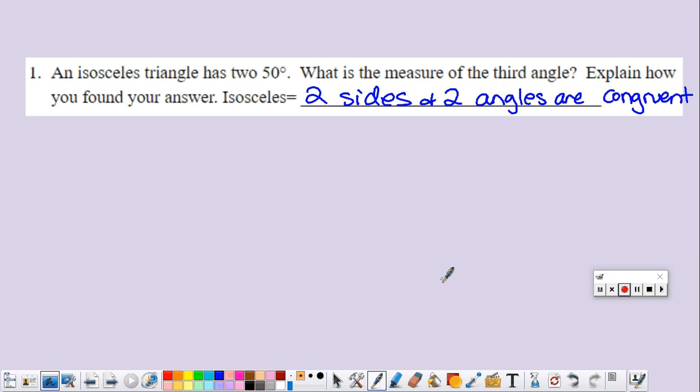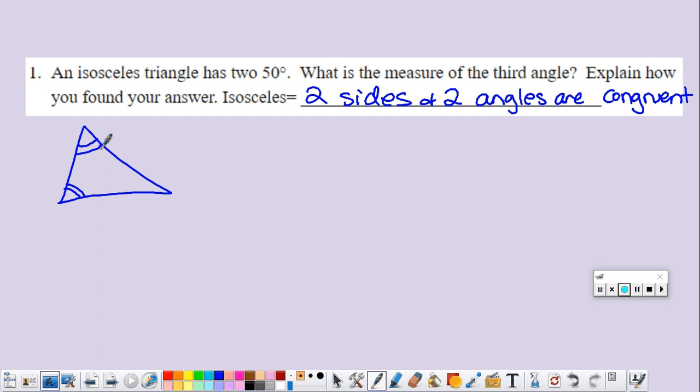Alright, so I want you to draw a triangle, best you can. Okay, and I want you to draw these markings in it. Those markings mean that those two angles measure the same. Or you could draw two lines as long as the other one has two lines also. Whatever it is, it means that they are the same.